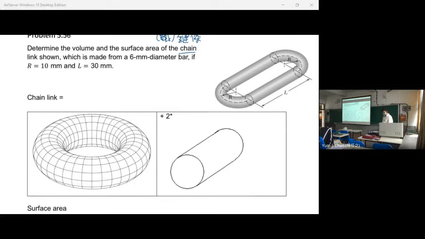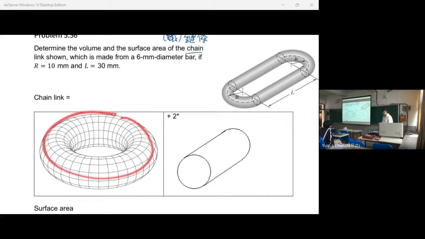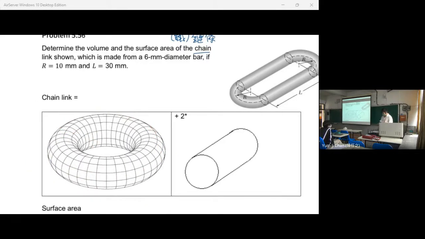And this shape looks like a donut. So what is this called in mathematics? Of course in daily life we call it a donut, right? And in mathematics, it is called a torus.